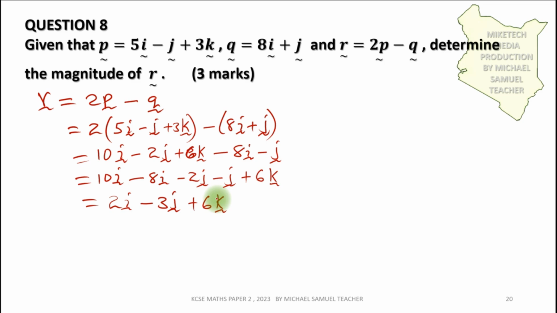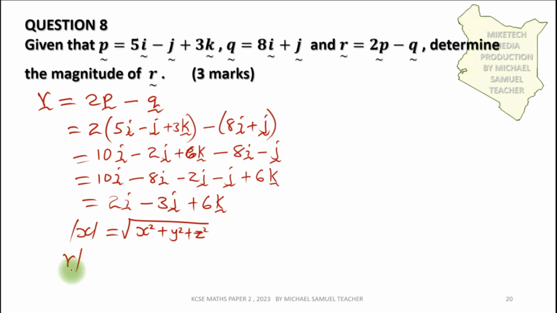Therefore, for us to get the magnitude of r, remember the magnitude is normally given by the square root of x squared plus y squared plus z squared.